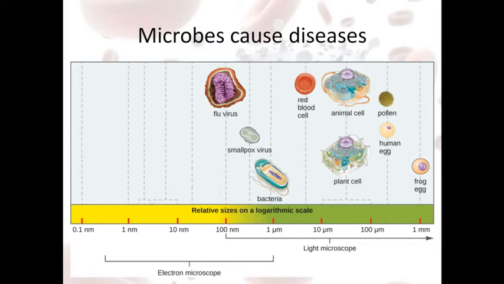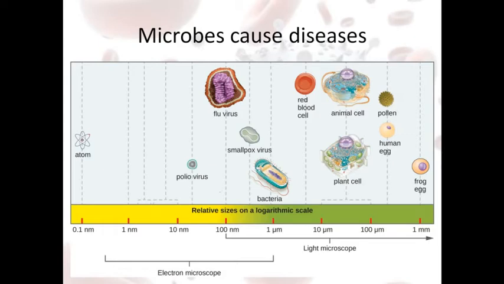And these are really small. Flu virus is 100 nanometers. Then even smaller is the polio virus, which is only 10 nanometers. And that's not too far off from an atom, which is 0.1 nanometer.